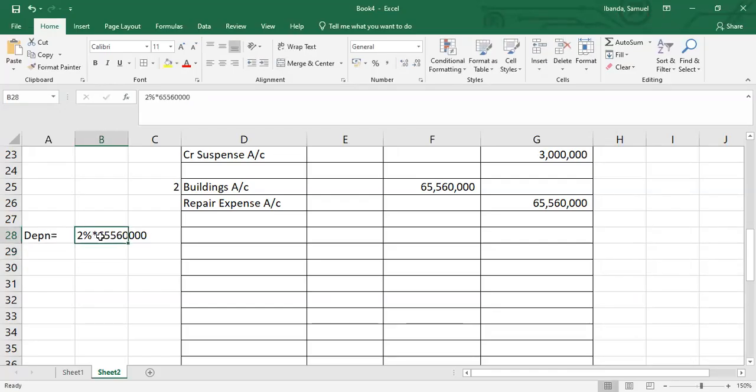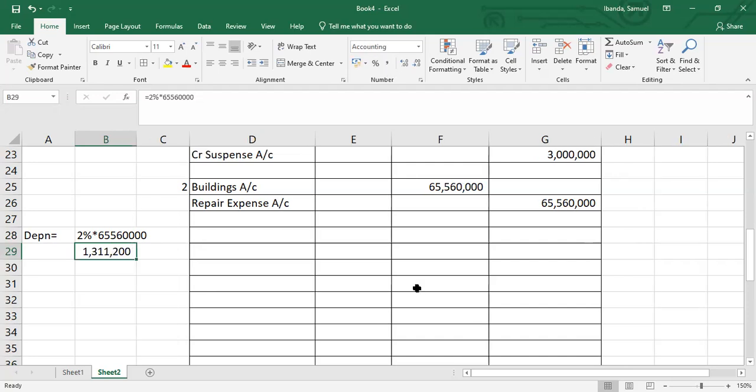So you have your working there, and then you have your answer coming through right there. Is it about 1 million? It is 1,313,200. Okay, so since depreciation was not done, we now do what is supposed to be done. That's how we are going to correct the error.